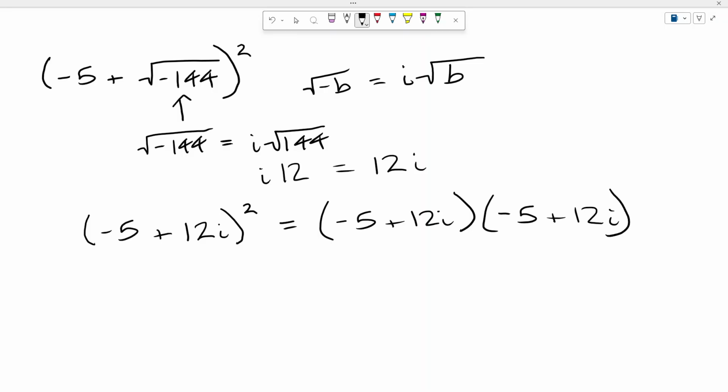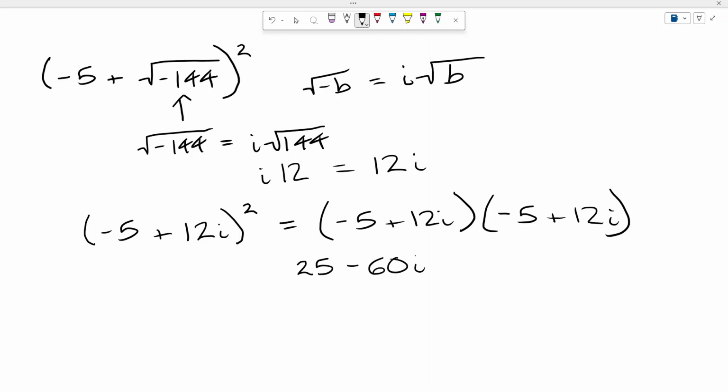So if we FOIL that out, we have -5 times -5, so we'll have 25. And then we'll have -5 times 12, so that'll get us -60i.